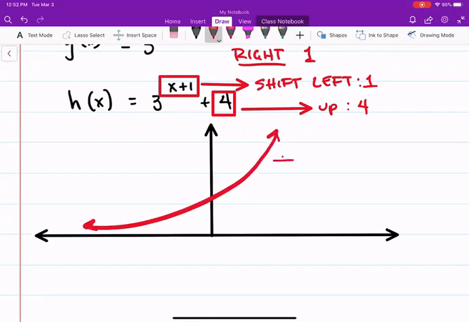So this is still f of x is equal to b to the x, but the b is greater than 1.